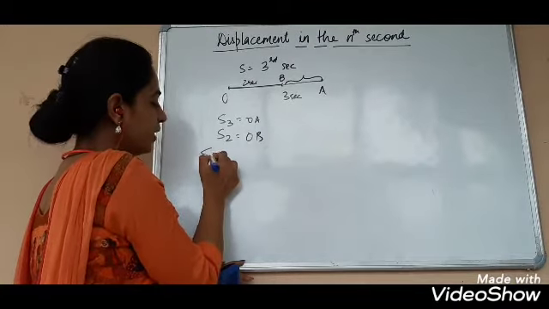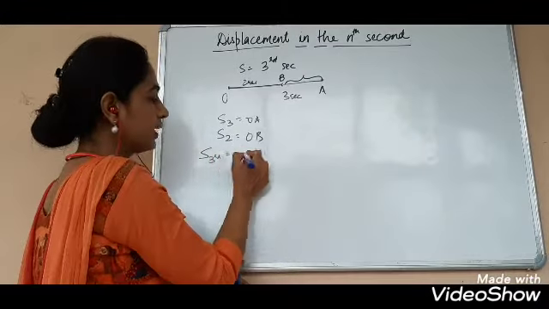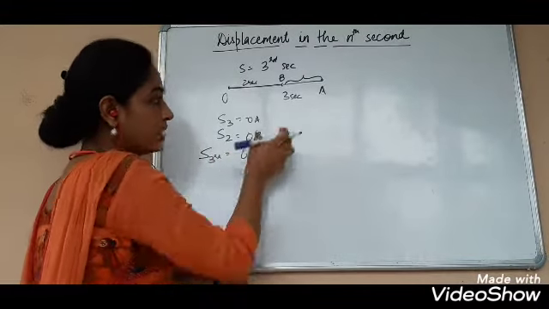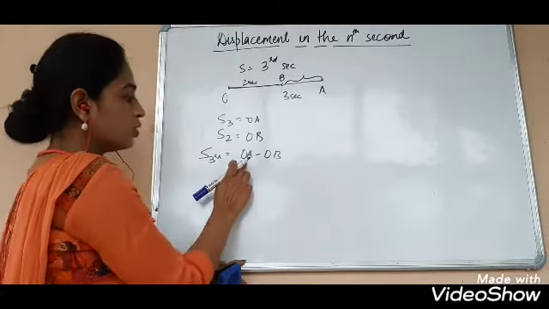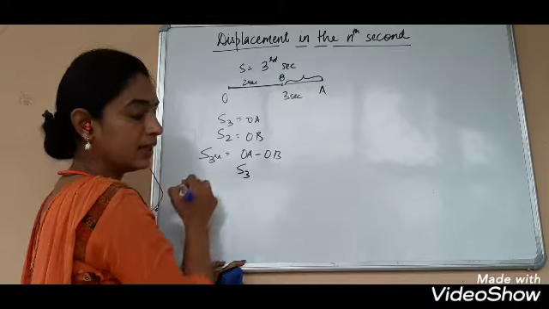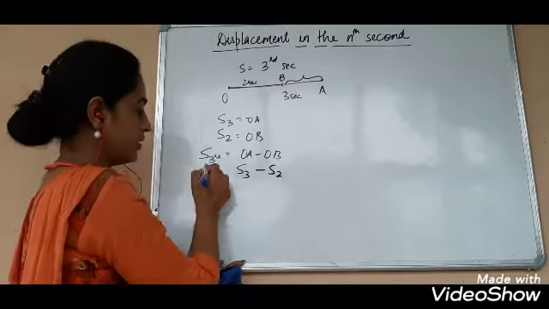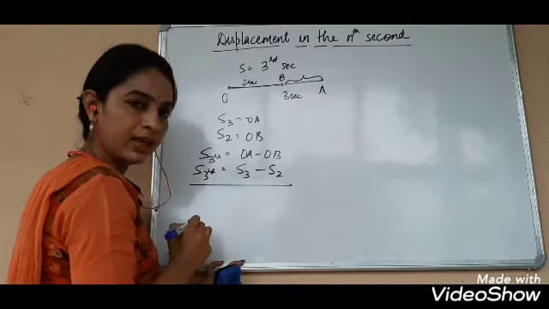So the displacement in the third second can be found by OA minus OB. So OA is displacement in 3 seconds and OB is displacement in 2 seconds. So we got the formula like this.